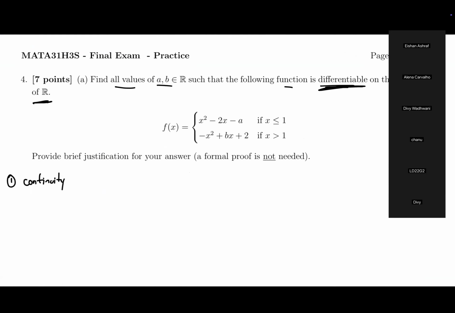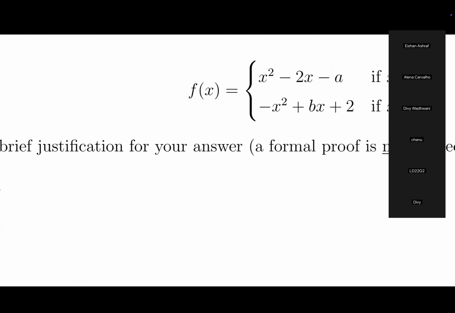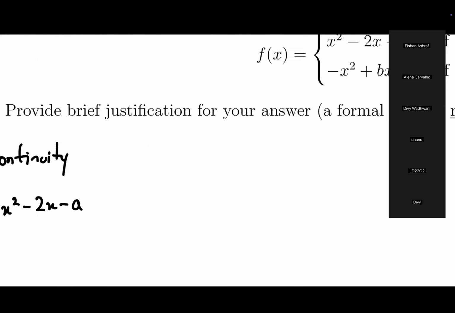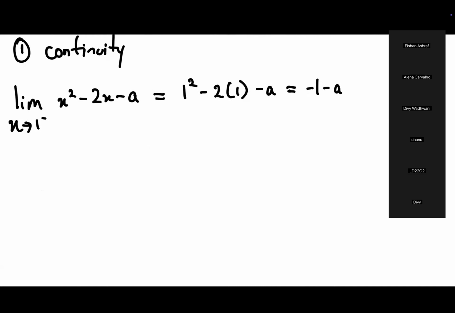Checking continuity, we take the left-hand limit, where the function is x squared minus 2x minus a. Was it minus a? Yeah, minus a. Applying direct substitution, we get 1 squared minus 2 times 1 minus a, which boils down to negative 1 minus a.